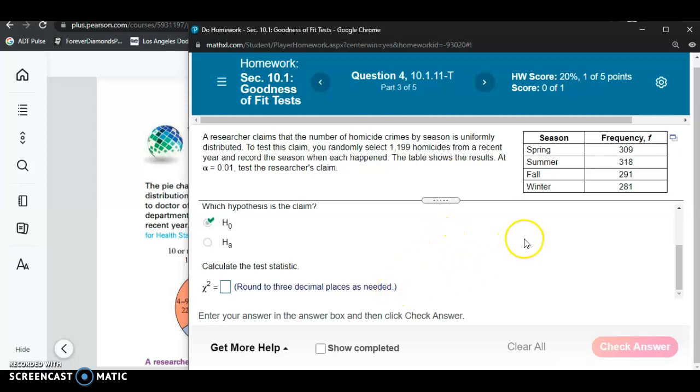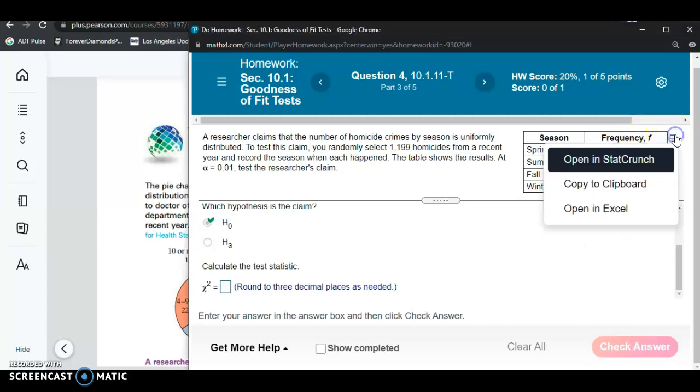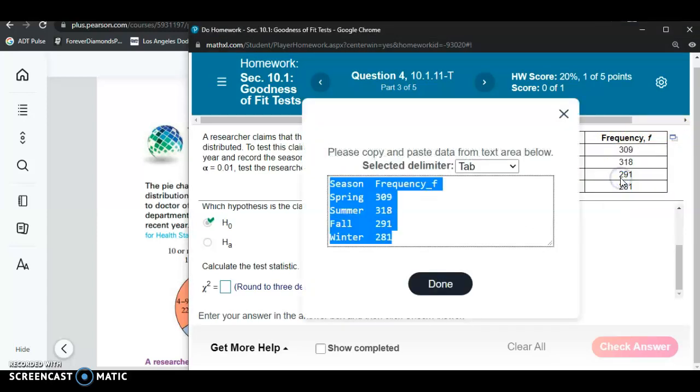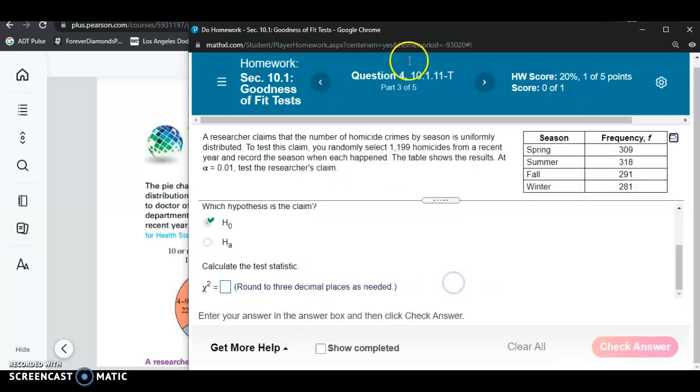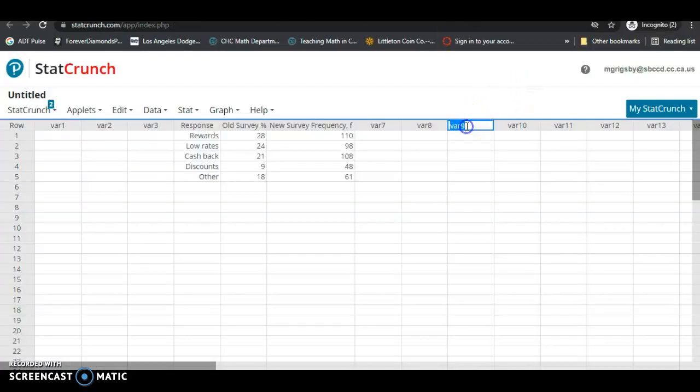Based on that information, we want to calculate the test statistic. Let's go ahead and copy the table into StatCrunch. There's the table, with the season in the first column and the frequency for each season.